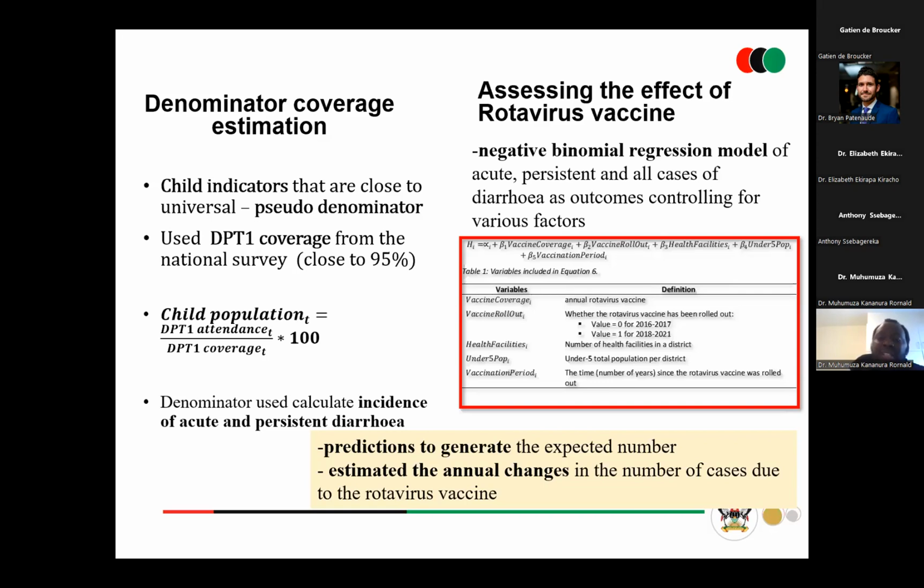And of course, we use this to do predictions. And in the model, we controlled for other confounding factors like the number of health facilities in the district, the population of under 5 children, and of course, when the vaccine started, the vaccination period, and other factors.